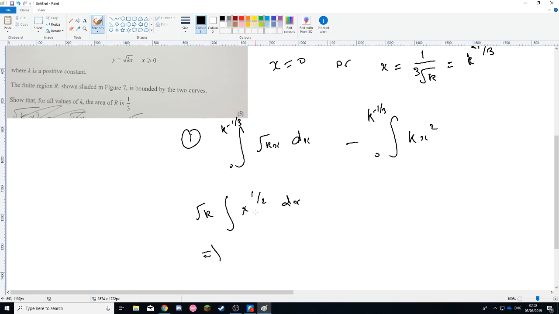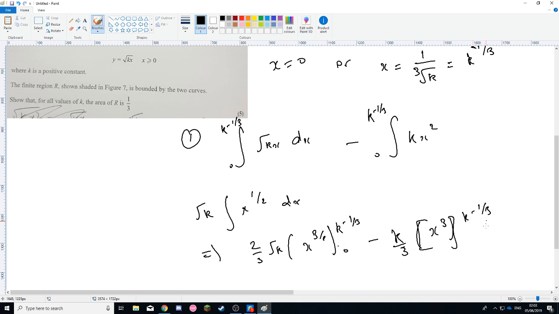Raising the power by 1 gives you 3 over 2, so that's 2 over 3 root k, and that's x to the 3 over 2, minus the integral of kx squared, which is k over 3, x cubed, with limits from 0 to k to the minus third.